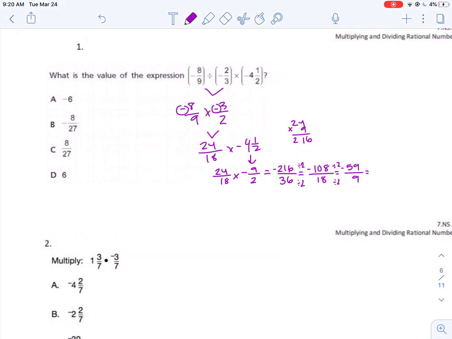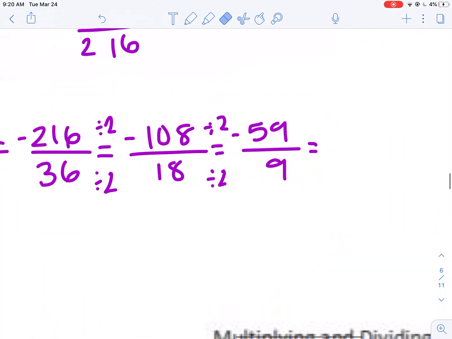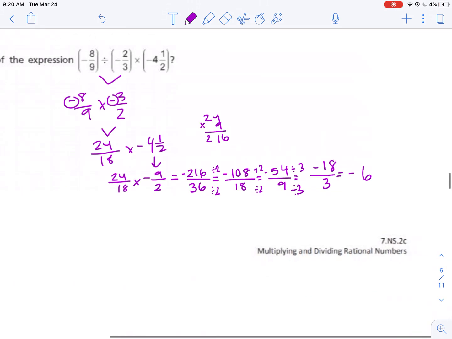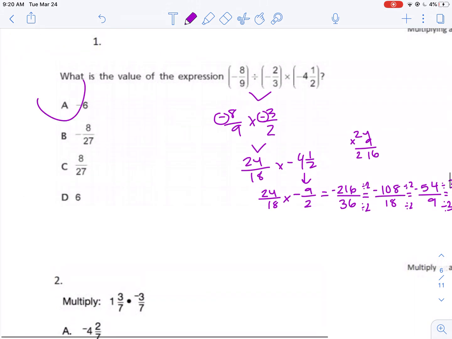I feel like I did make a mistake. Oh, it's because this should be a 4. That makes a lot more sense. And then you can divide by 3. Divide by 3. -18/3. And then that is just -6. So -6. There we go.